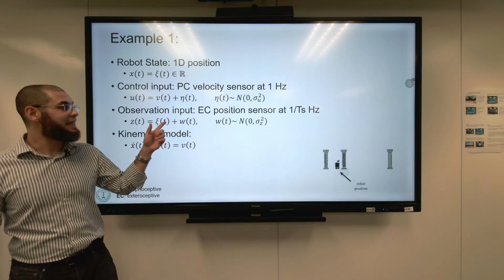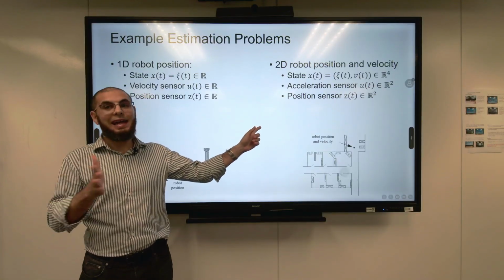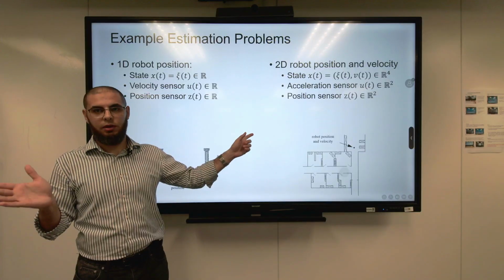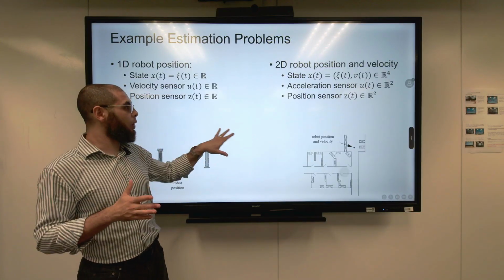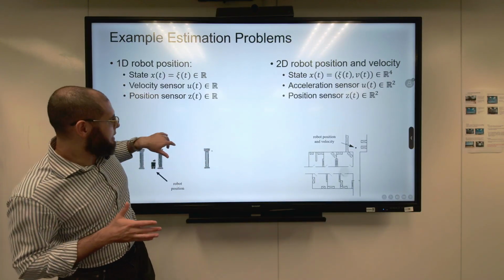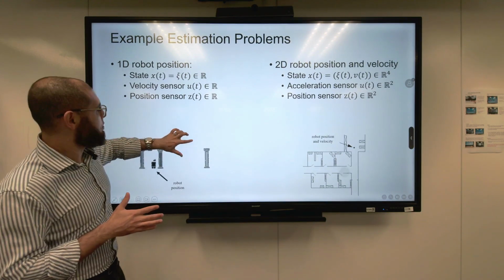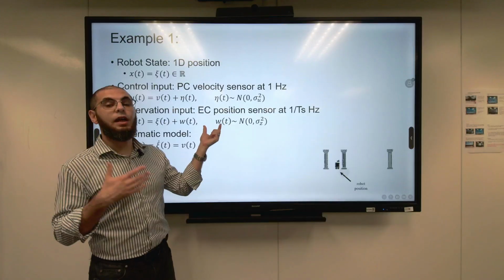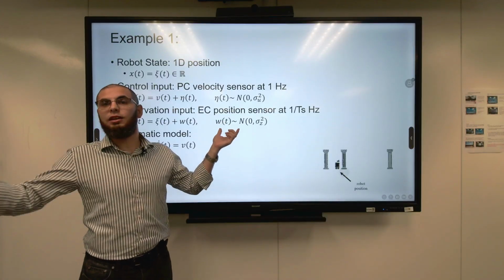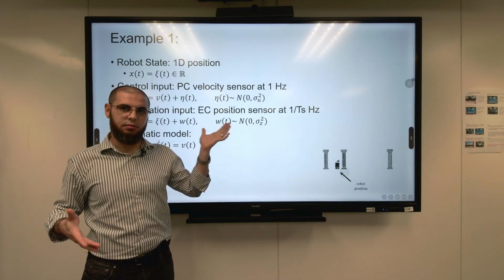I'm not saying that the variance changes with time. I'm just saying that if you want to calculate the noise at time t, you get it from a Gaussian distribution. That's what this says.